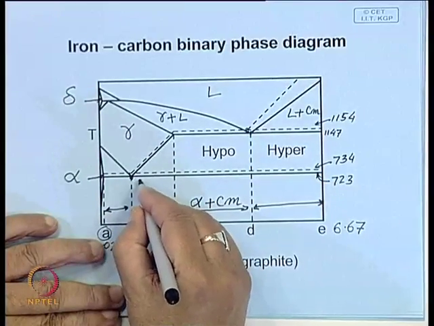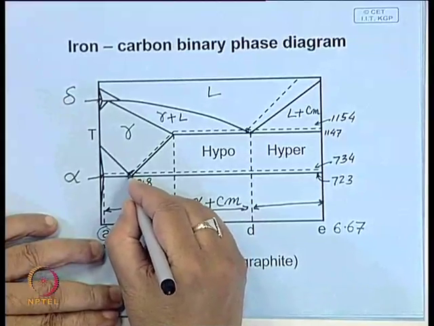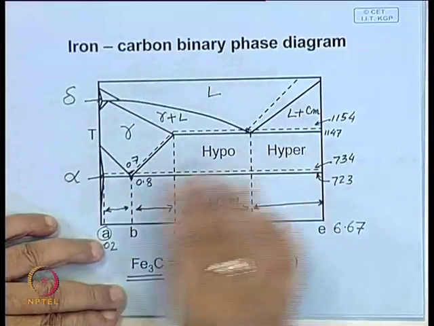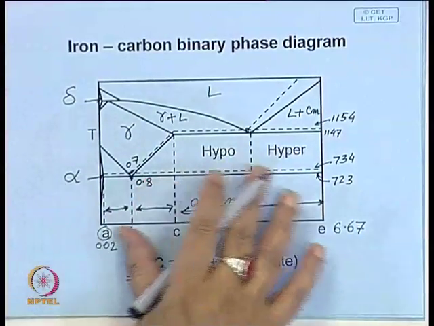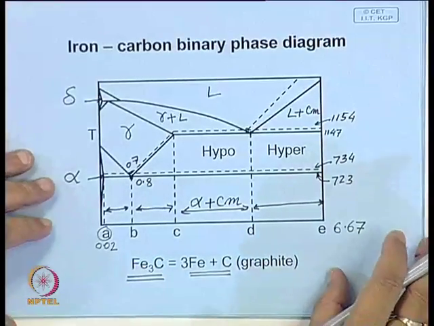This point is 0.8, while in the graphite eutectic it is slightly to this side, 0.7. So, more or less we can use the same diagram to interpret the microstructure.